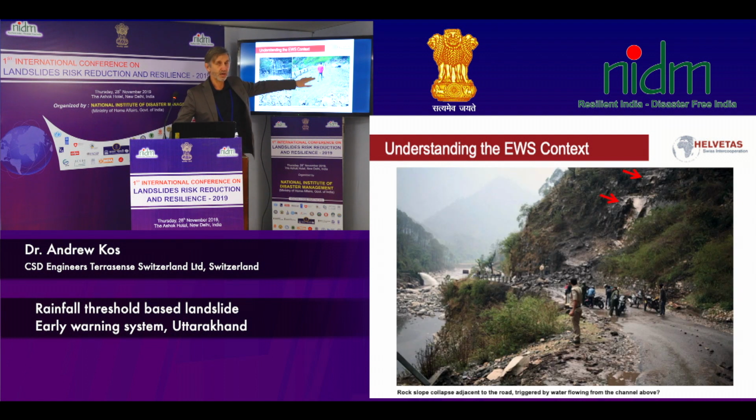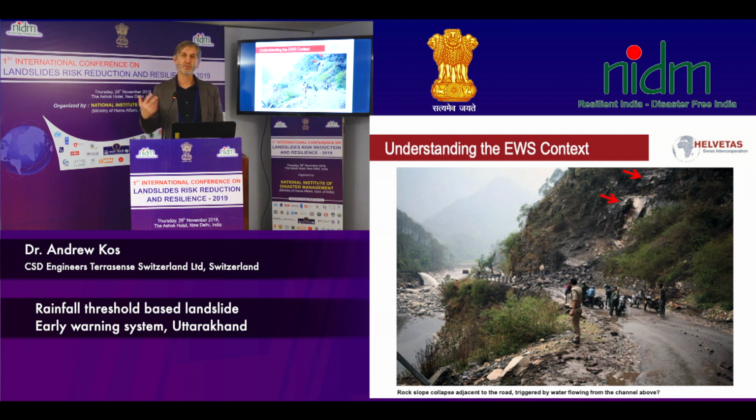So here in the foreground you see the flash flood deposits, and then in distance here you see a rockfall. You see an area of rockfall which came directly from the rock wall. So there are 2 different phenomena that were triggered by the one rainfall event.